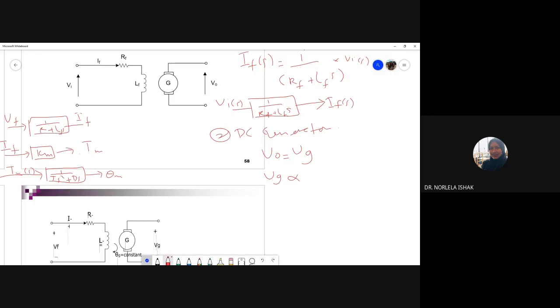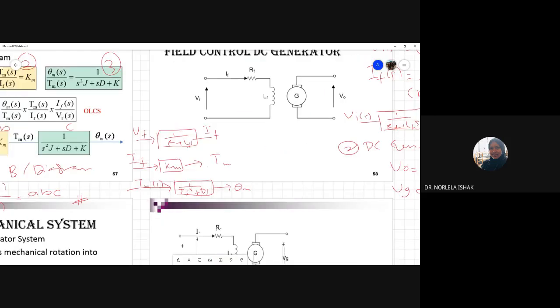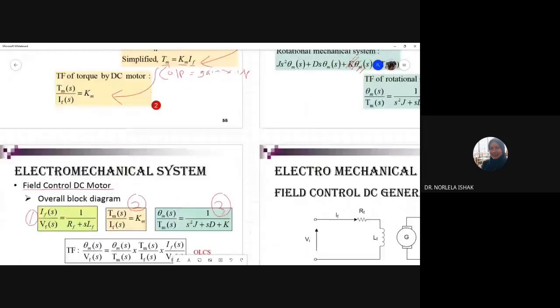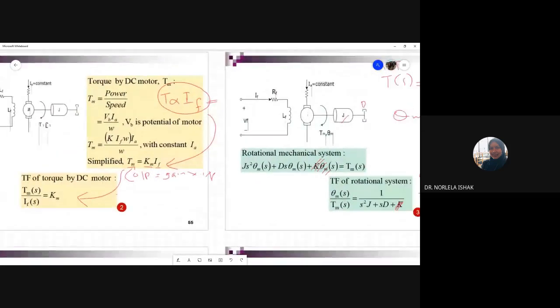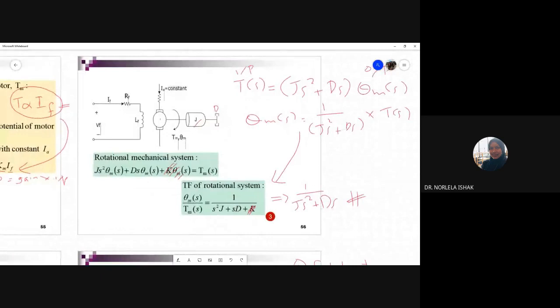Remember just now we did the motor here? Our motor will receive what to operate? Our motor receives current, yes.